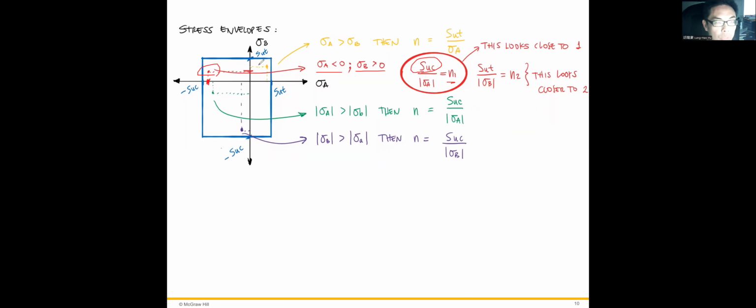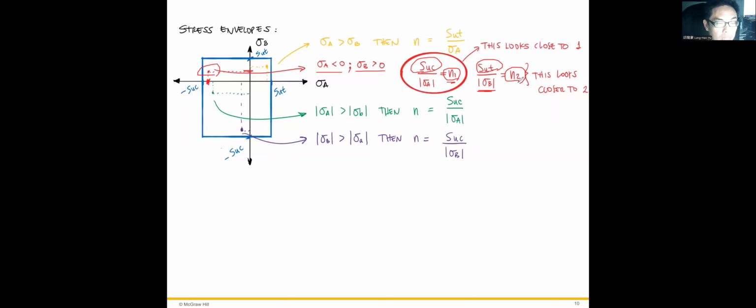So we use SUC divided by the absolute value of sigma A, and we get N1. We can also use SUT, the ultimate tensile stress, divided by the absolute value of sigma B, and we get the safety factor N2.